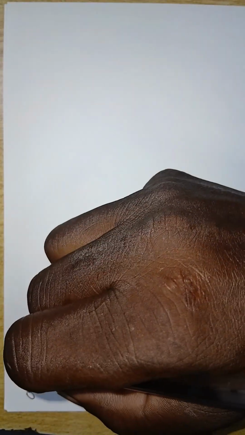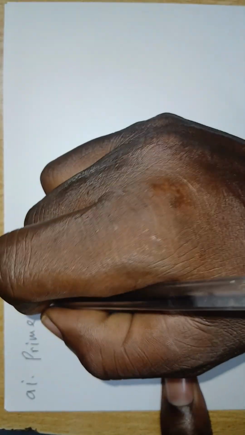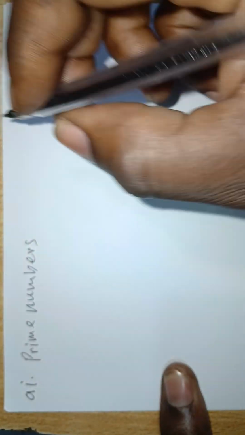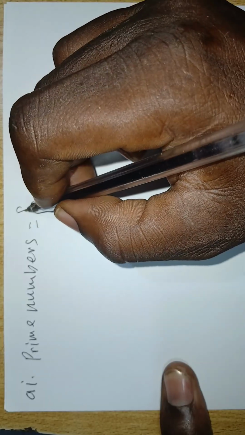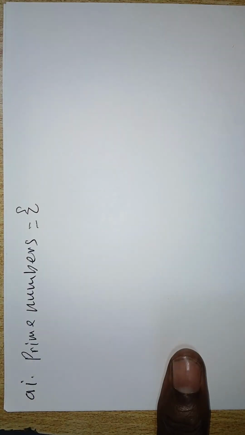So first of all, students are supposed to list, to start 1A, prime numbers. Because it is a set, you put it in a curly bracket.